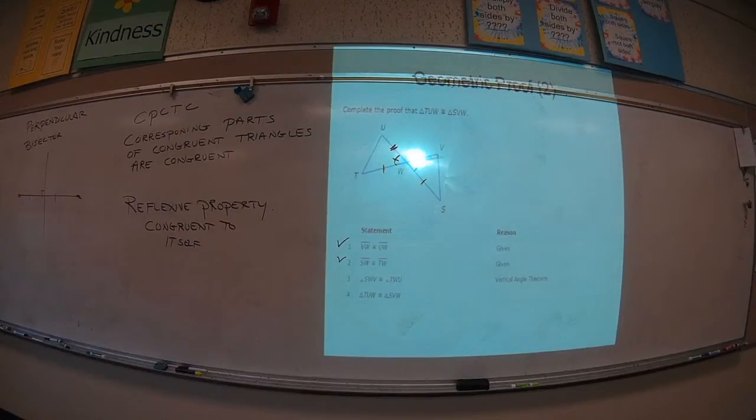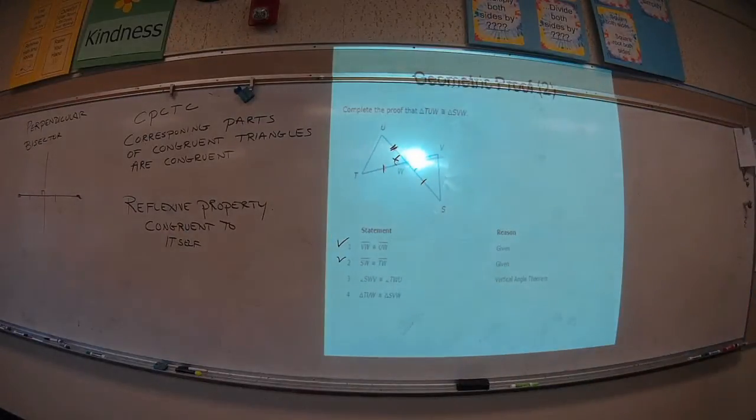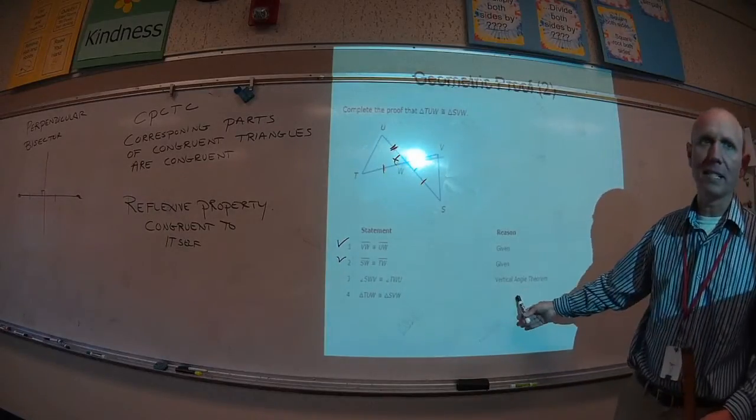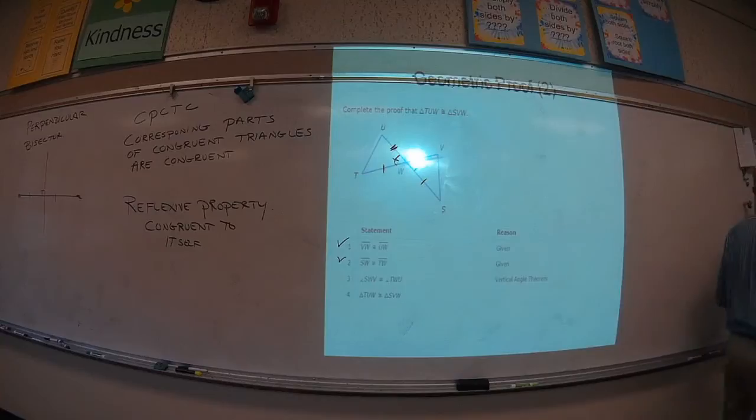Okay. Good, good. It is by side, angle, side that they're congruent. They're congruent by side, angle, side. Next one.